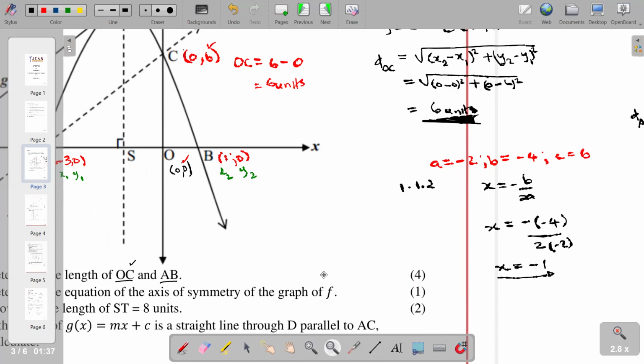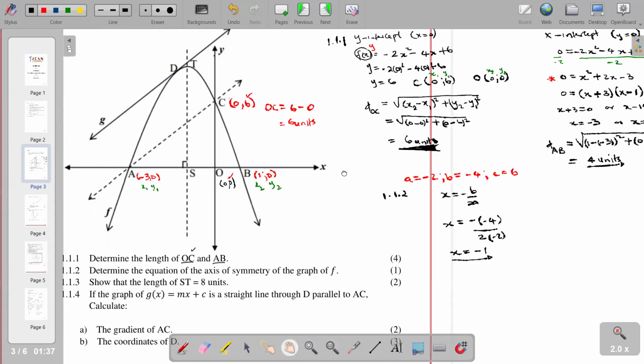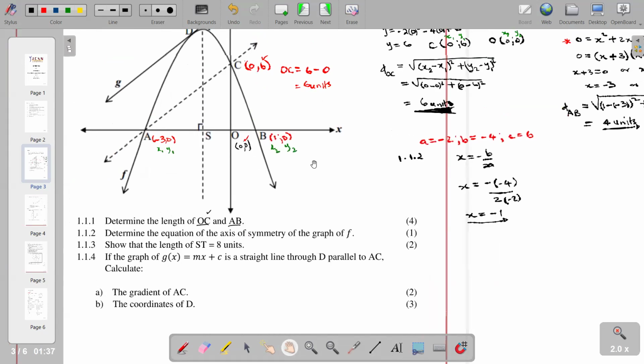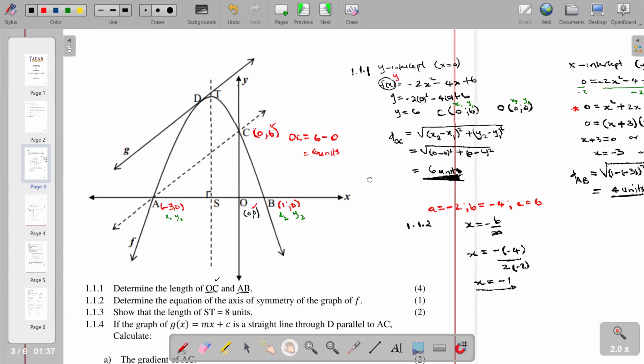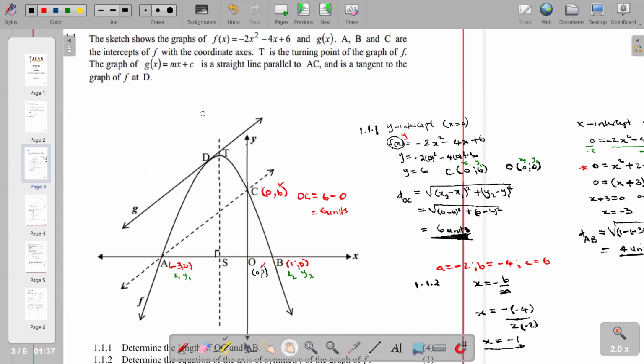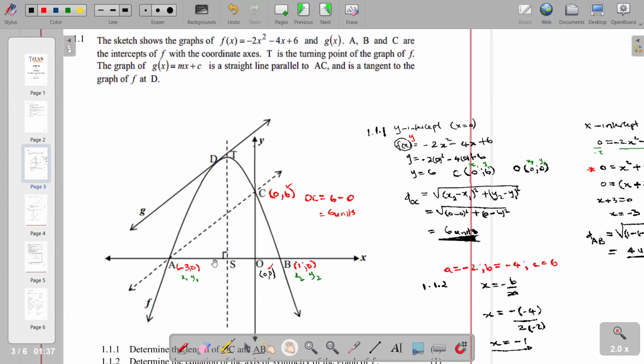If you check the next question, it is requesting that we show the length of ST. From the provided information, T is the turning point of f, and S is a point on the x-axis such that ST is perpendicular to the x-axis.